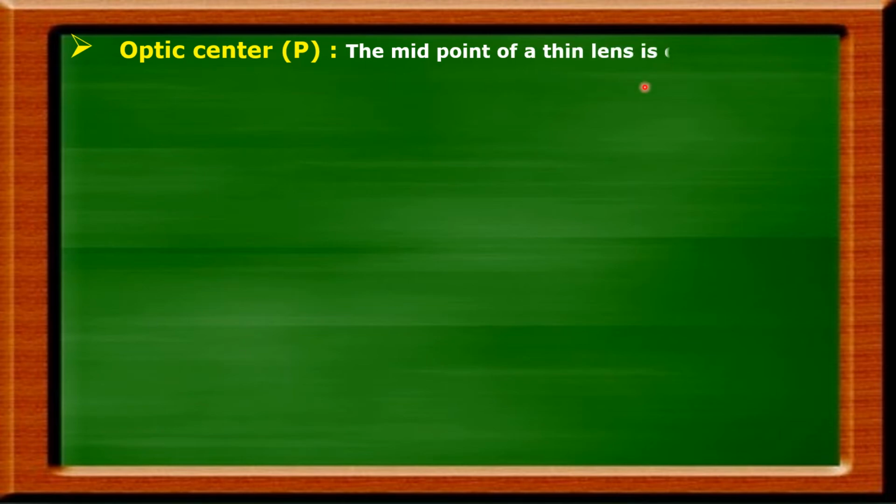And the next term is optic center. What is optic center? The midpoint of a thin lens is called optic center, and it is denoted by the letter P. See here.